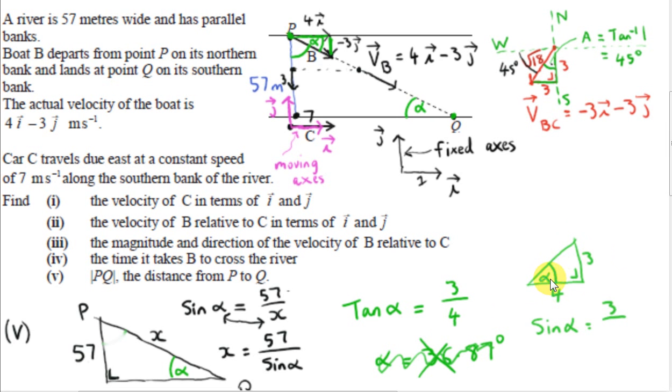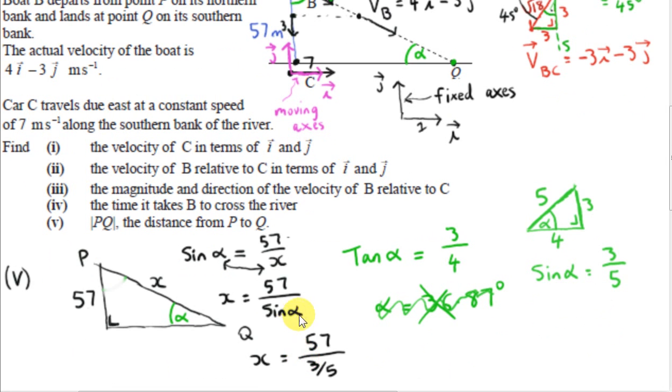Sine of alpha from this right angle triangle is the side opposite alpha, which is 3, divided by the hypotenuse. How do we get the hypotenuse? Well, we have two sides of this right angle triangle, so we just use Pythagoras. We square the two sides, sum them. 3 squared plus 4 squared is 25. Take the square root to get 5. So that's the famous 3, 4, 5 right angle triangle. We don't even have to calculate it. We see it so often.